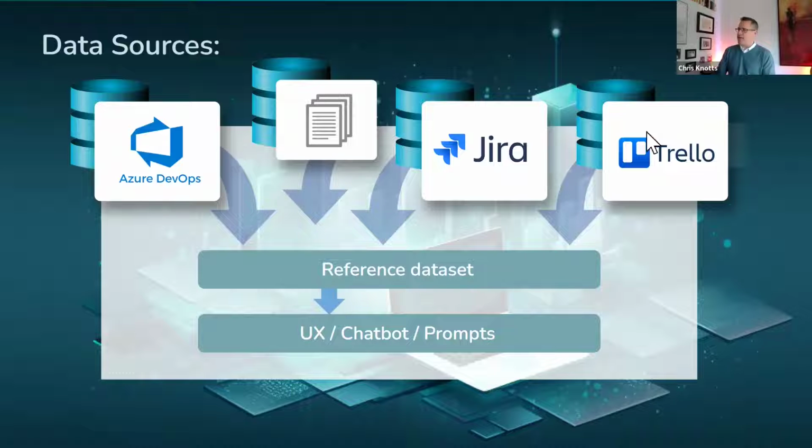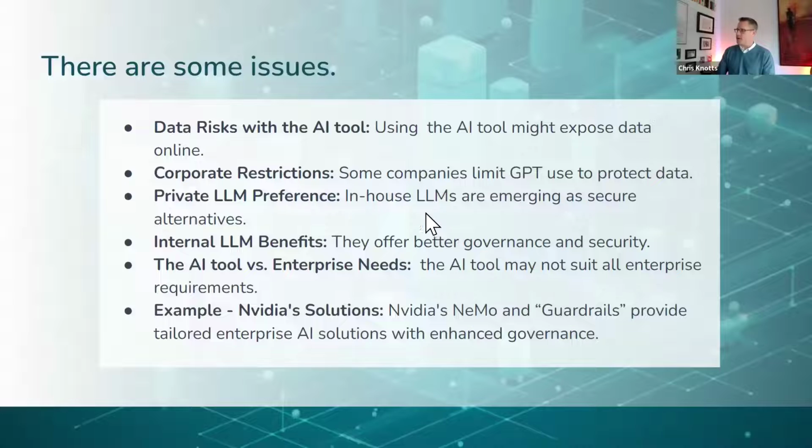But there are a lot of other formats of data set that can be used here, but these are some of the most common ones. But this is just a super simplified architecture here. Now, there are a few concerns and challenges that I want to highlight before we get too far along here.